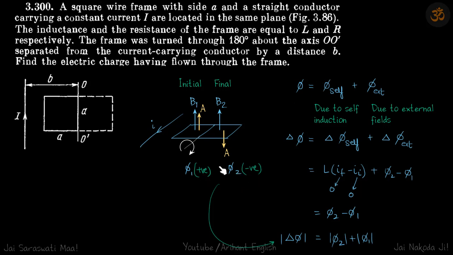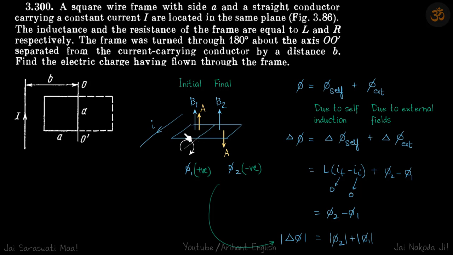Now this is the flux due to the wire, due to the field of the wire. But the net flux through a loop is phi self plus phi external. So this flux which we are talking about is the external flux, which is due to the external fields. But a loop has a self flux also, which is due to self induction.